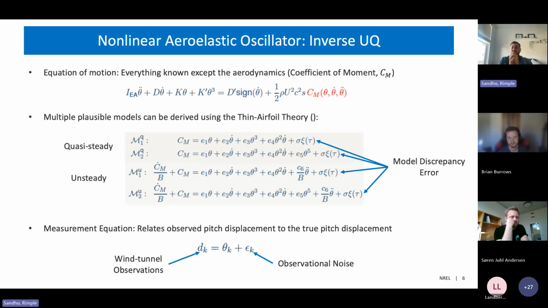That's a function of pitch displacement, pitch velocity, and pitch acceleration. So if we take thin airfoil theory and add a bunch of nonlinear terms to it, you'll see that E3 theta cubed and E4 theta squared theta dot, those are terms I just put in there.